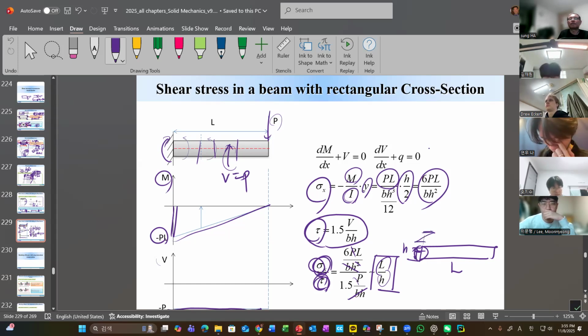This maximum is always on the order of L over H. That's the reason we often neglect the tau stress, but when we consider equilibrium it is very important.